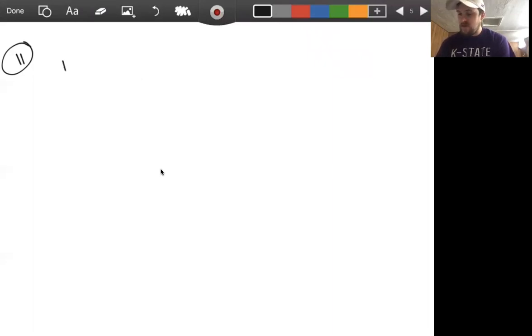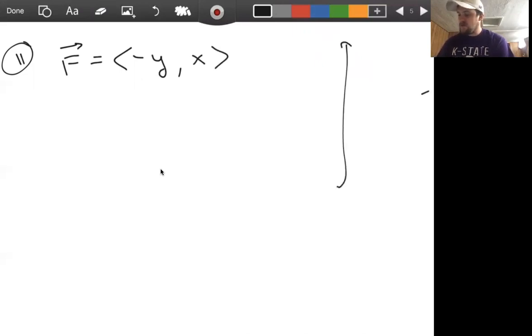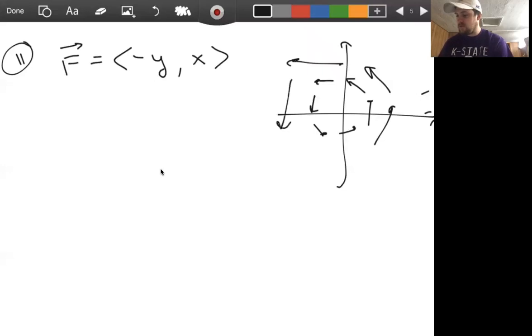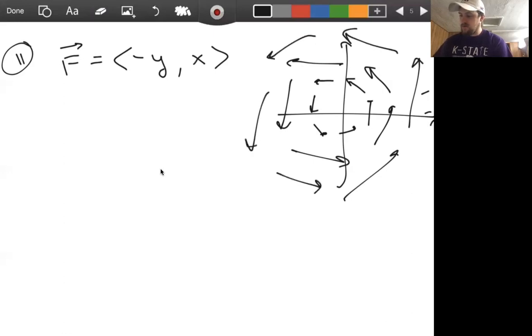Let's calculate the divergence of f of x equals negative y, x. We've seen this vector field a few times now. It's a rotational vector field. This picture is not going to be perfect, but the farther away you are from the origin, the larger the magnitude of the vectors. This was our rotational vector field, negative y, x.